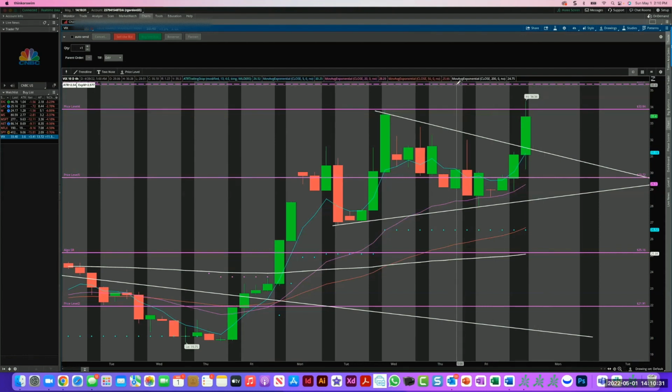And we have this ATR trailing stop up here on the weekly. So we do have a lot of resistance here, but it appears as though the VIX is going to be continuing its move to the upside.